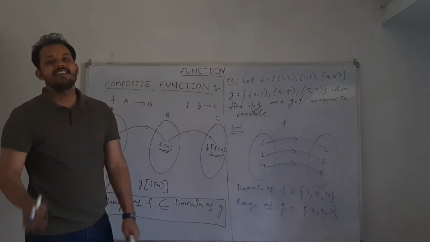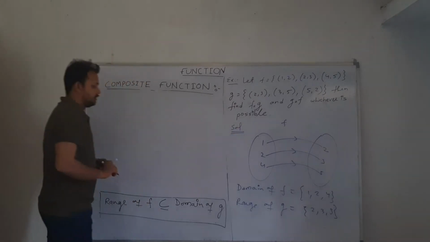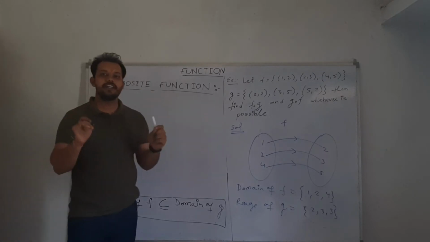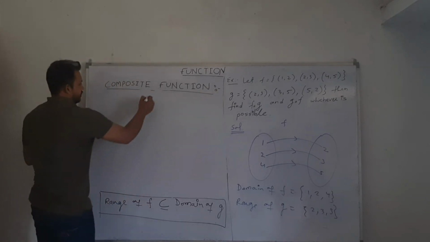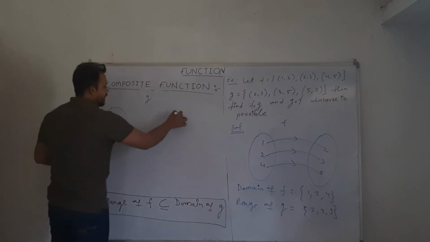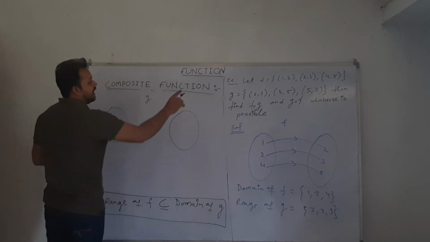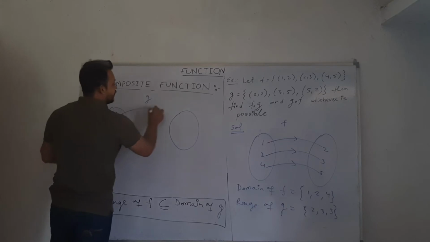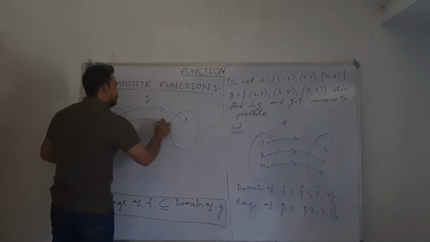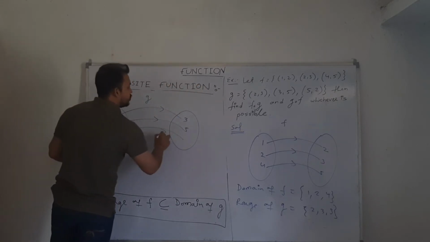Now we will find the domain and range of function g in the same manner. Here we have function g, with its domain set, and here we will write its range. From the function we can say that when we put 2 we get 3, when we put 3 we get 5, and when we put 5 we get 2.